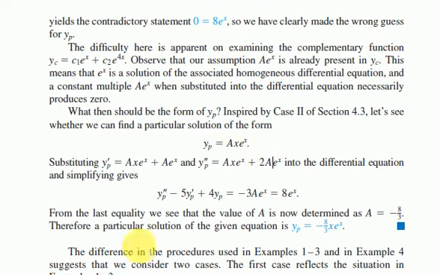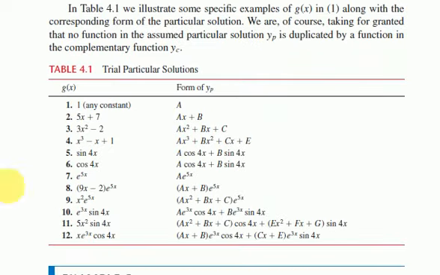Now let's move towards another question. Before solving the other question, I'll let you know that this is a table of trial particular solutions. Whenever we have to find the particular solution or the general solution, we need to find yp.